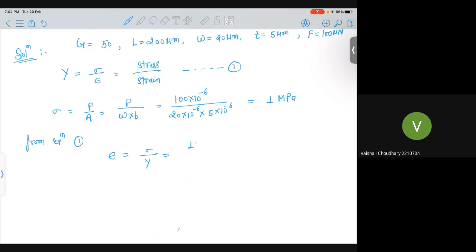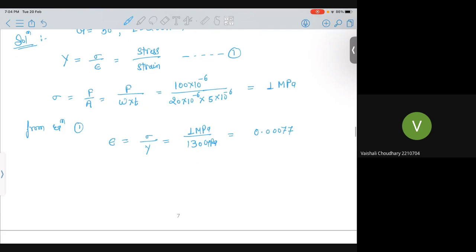So this is 1 megapascal and this is 130 gigapascal. So you'll get 0.00077.